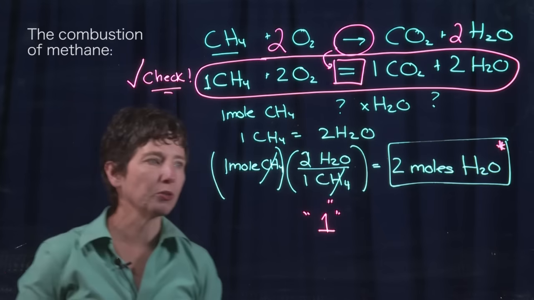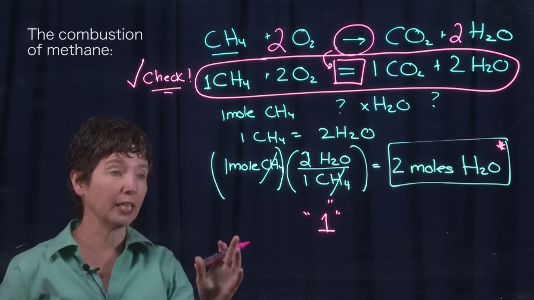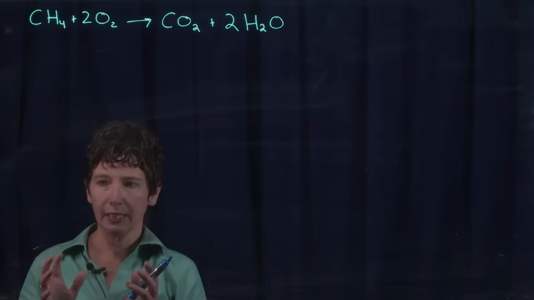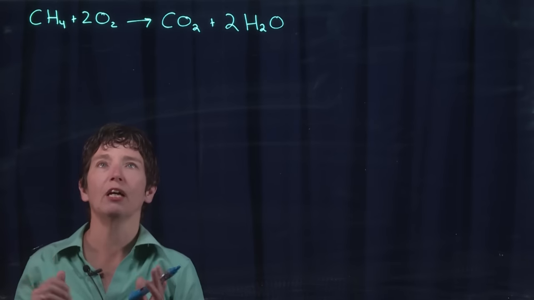And in a moment, when we do a slightly more difficult problem, you'll see that using that magic 1 simplifies a lot of problems. So let's continue now with a slightly less obvious example.